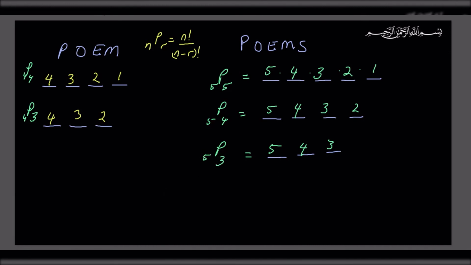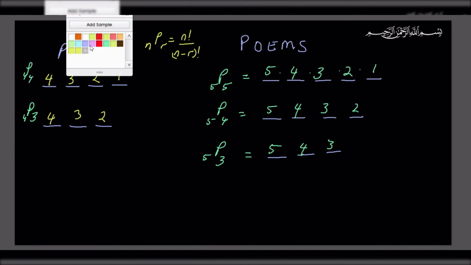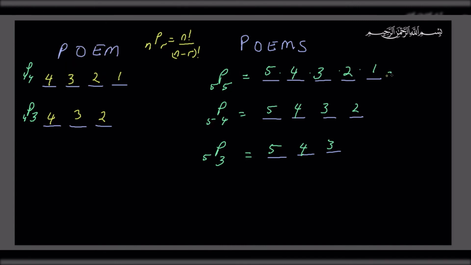Now you can see over here, I hope you do, that this is the same as n factorial over n minus r factorial, which is 5 factorial over 5 minus 5 factorial, which is 0 factorial, which is 1. And this is in fact 5 factorial divided by 1 factorial, because the 1 is missing.